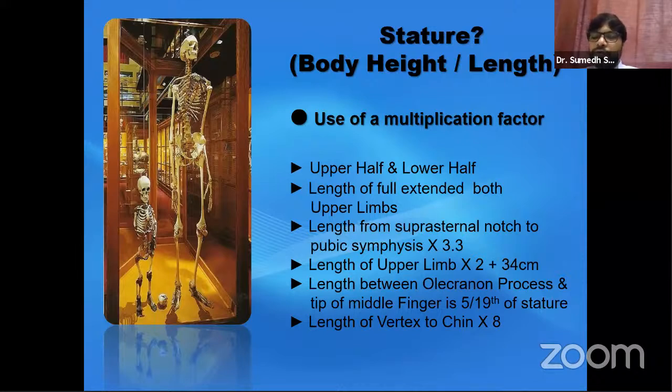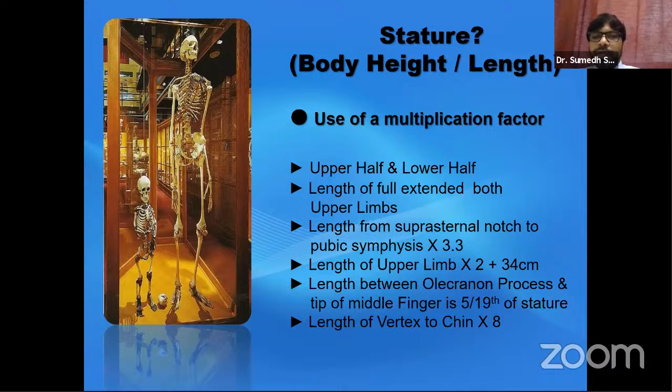And the length from the vertex to the chin, if you are getting only the skull and mandible. Skull and cranium are synonymously used, however when you are attaching the mandible, you more precisely call it a skull.